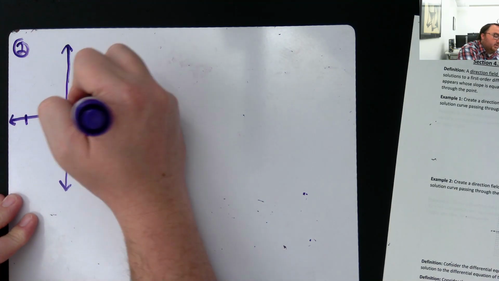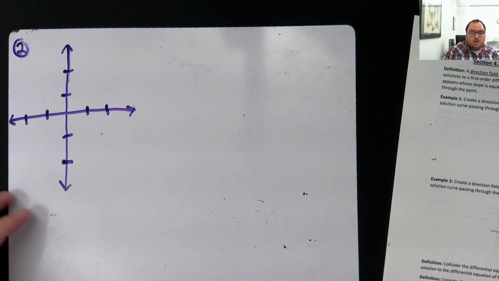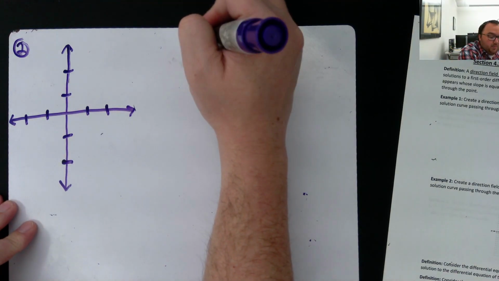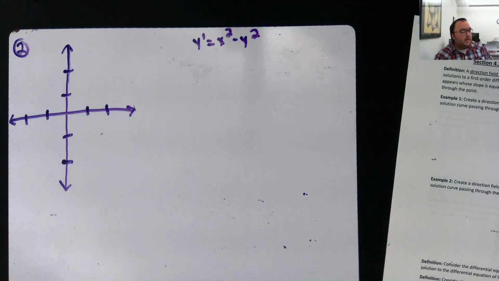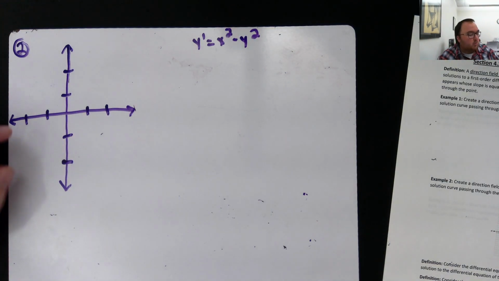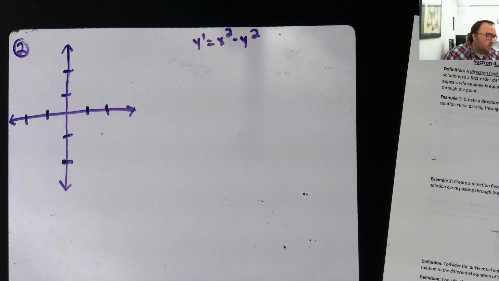So 2 back, 2 forward, 2 up, 2 down. And this time the equation is y prime equals x squared minus y squared. So again, let's do this. I will show you the first row. After that, you should be able to do them.